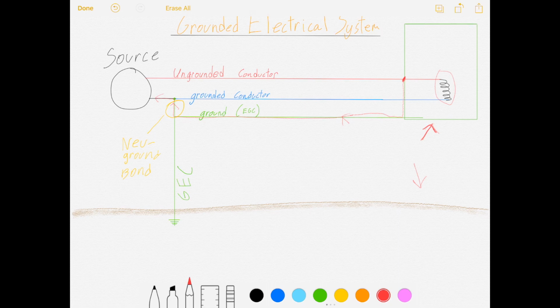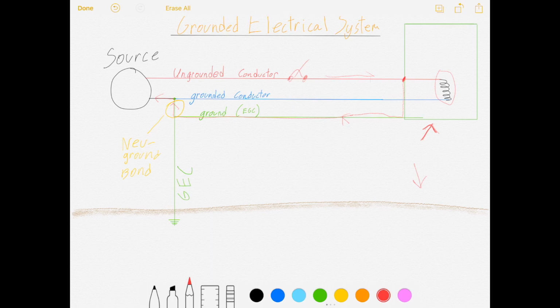Now, in any code compliant system, there will always be some form of OCPD, overcurrent protection device, in this ungrounded conductor. And when that current flows through the ground and back to the source, it will trip that overcurrent protection device and will thereby de-energize any of this wire beyond the OCPD.